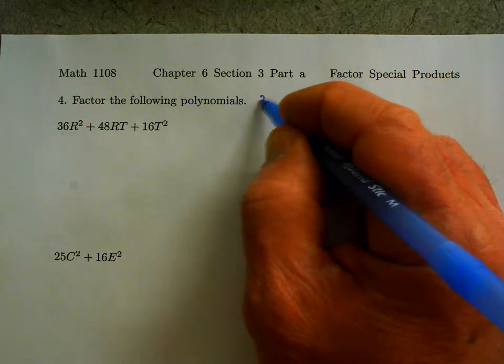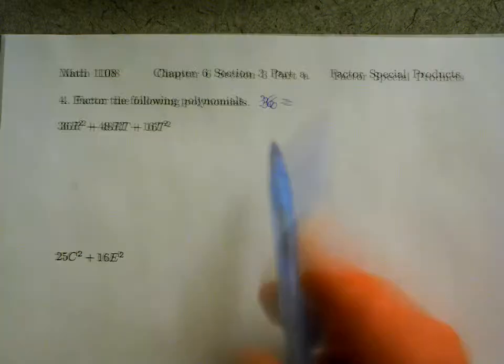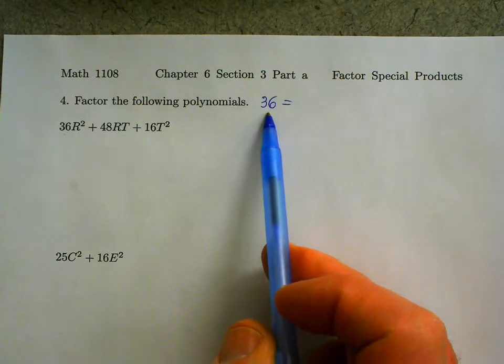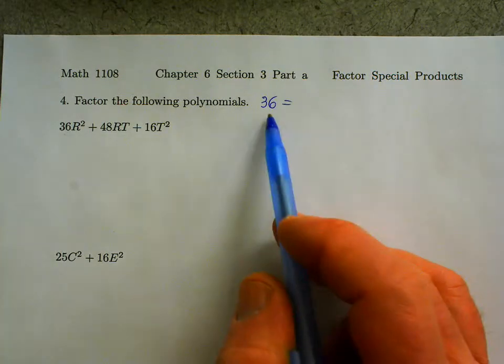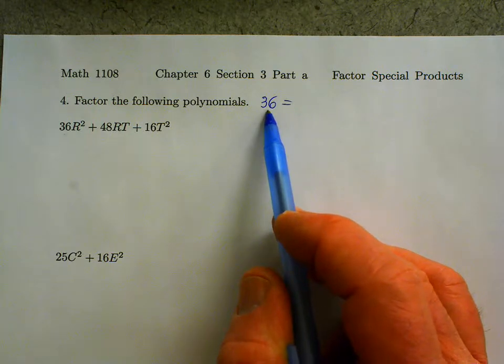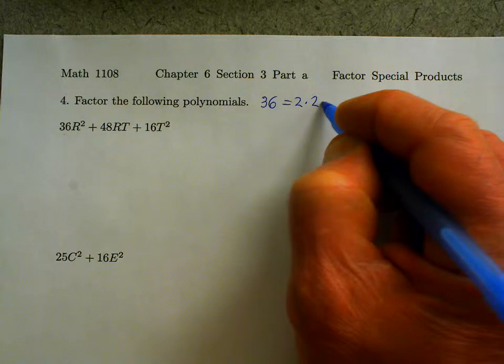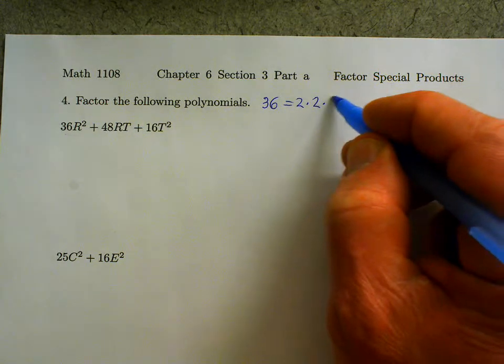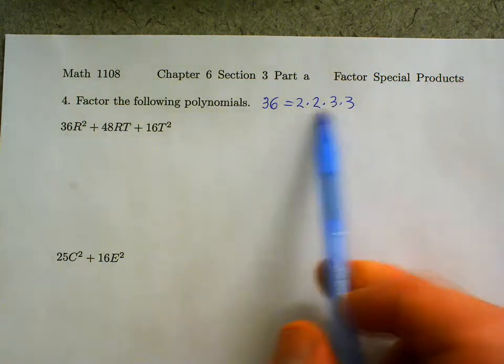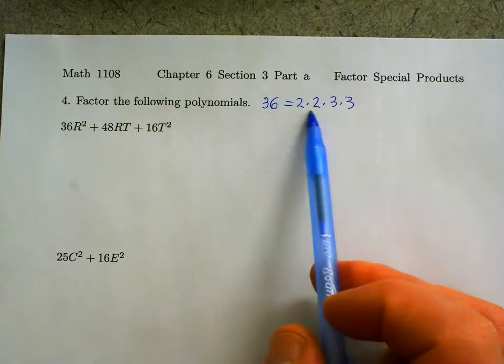So if it helps, you can write the prime factorization of 36. So 2 is a prime number. 2 times 18. 18 is 2 times 9, and 9 is 3 times 3. So this is the prime factorization of 36.